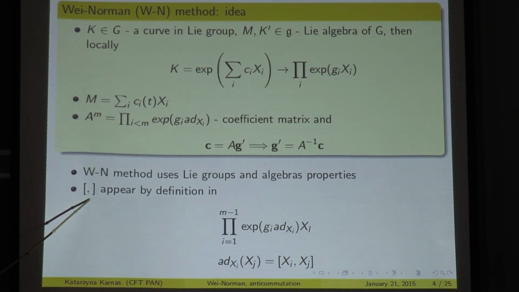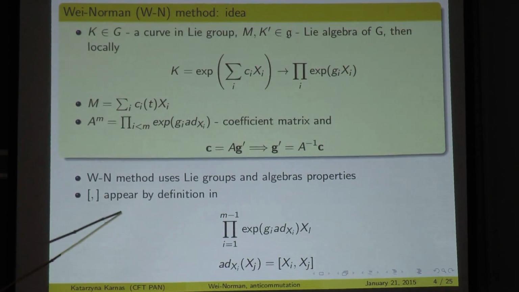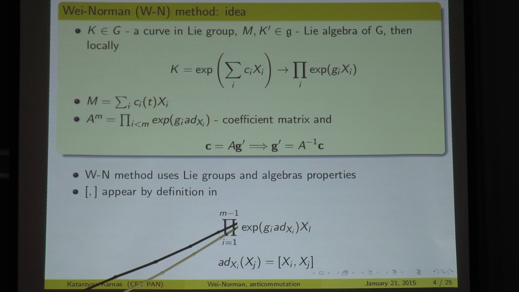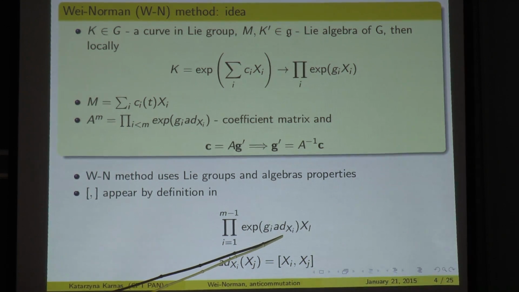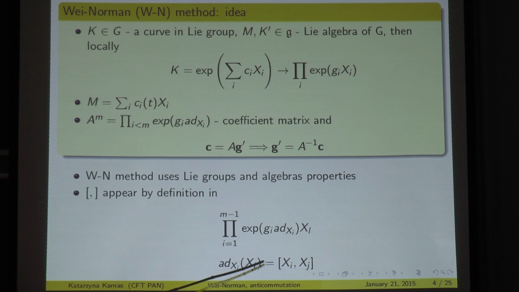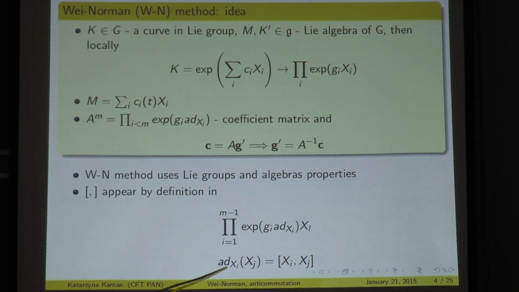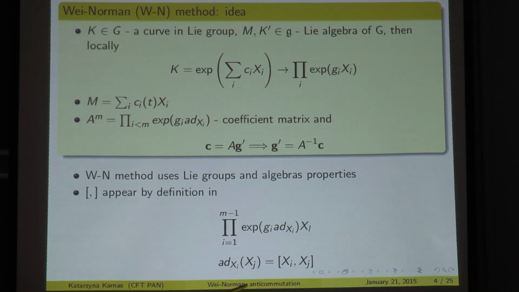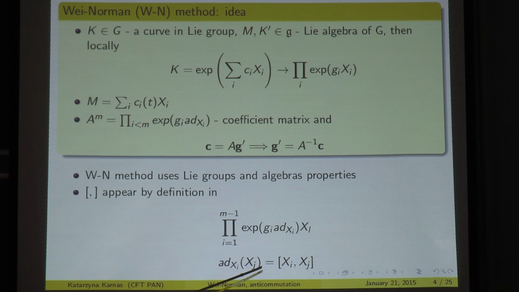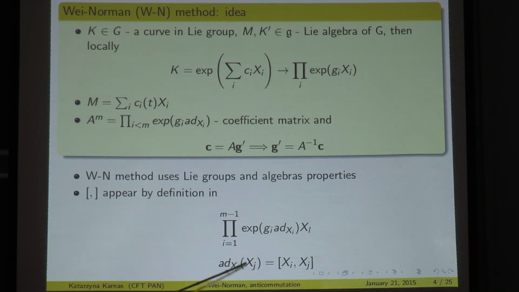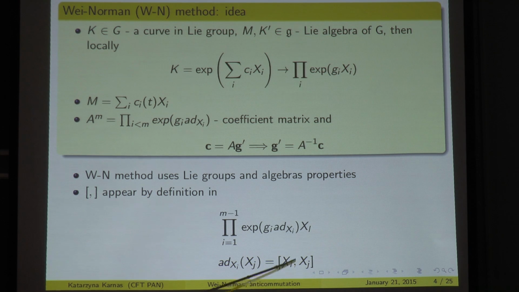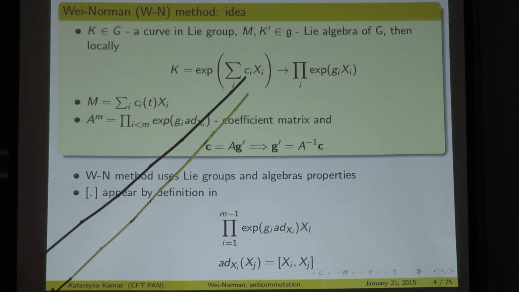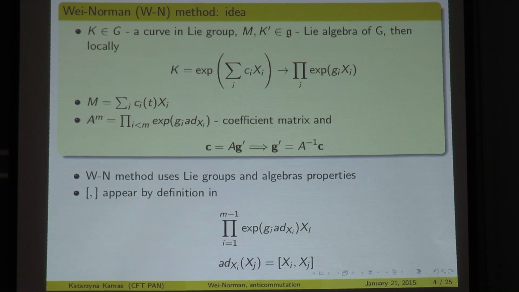And the commutators appear in this method by definition in this expression, because this symbol denotes the adjoint action in the Lie algebra, which is defined using the commutator between the elements x_i and x_j. Of course, they both belong to the Lie algebra.